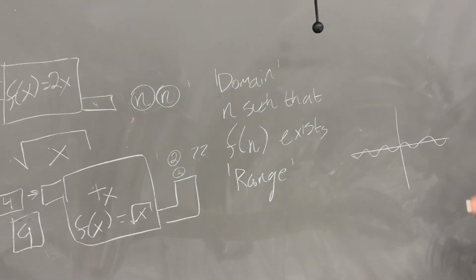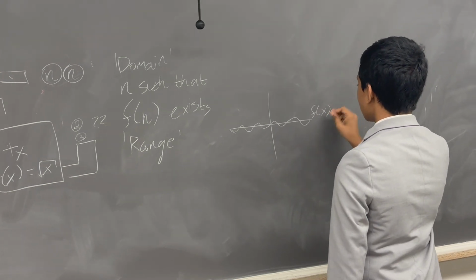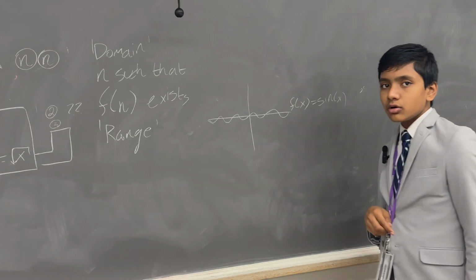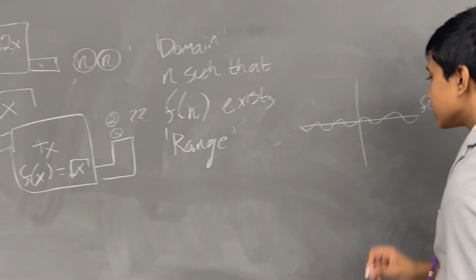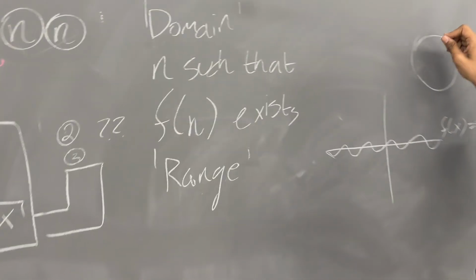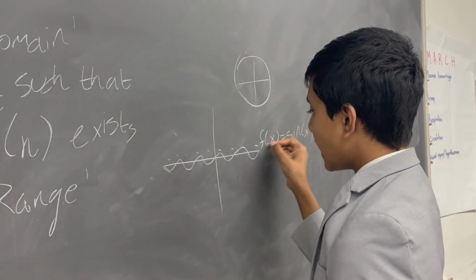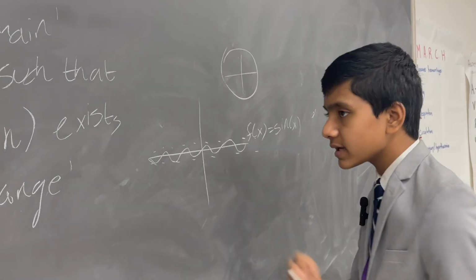So this is just an approximation of f of x equals sine of x, right? Now, hopefully we all know the definition of sine, but as you can see, since sine is defined on the unit circle, that means that it cannot get any higher than 1, and it cannot get any lower than -1.